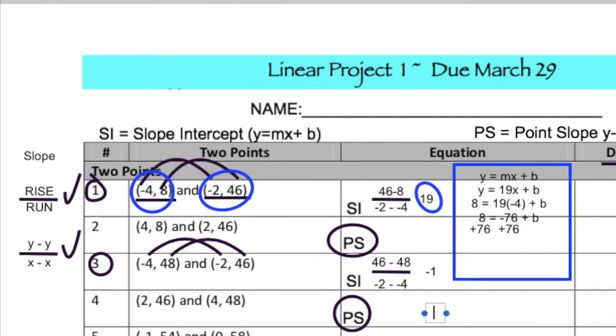Okay, so take a look at that next set of lines showing my work. My final equation that I will write in this box here will be y equals 19x plus 84. Okay, 19x plus 84.